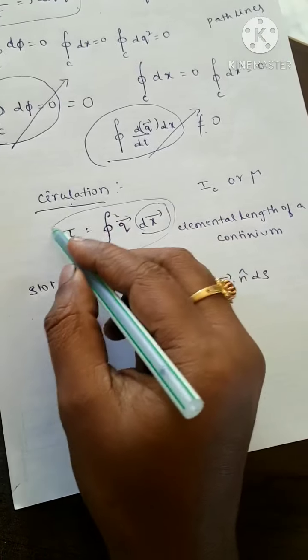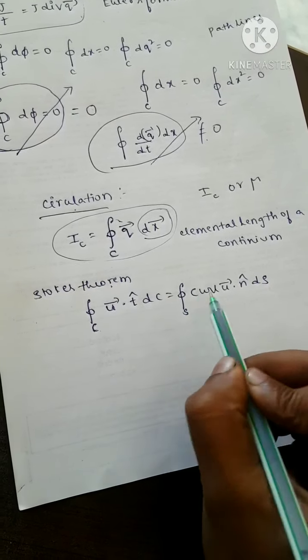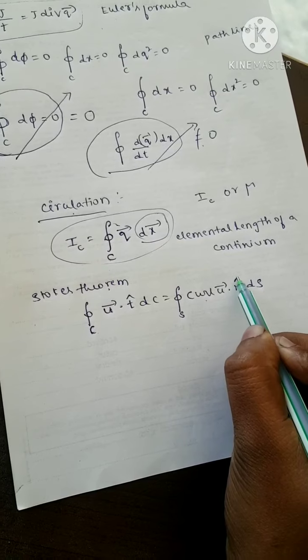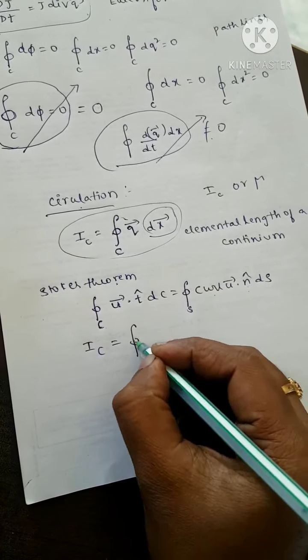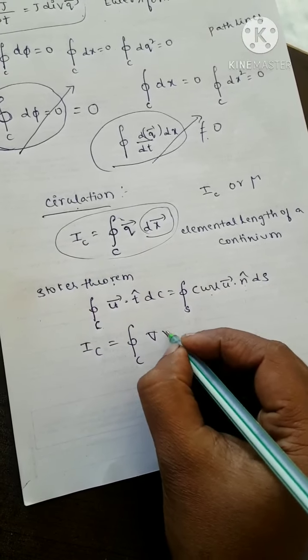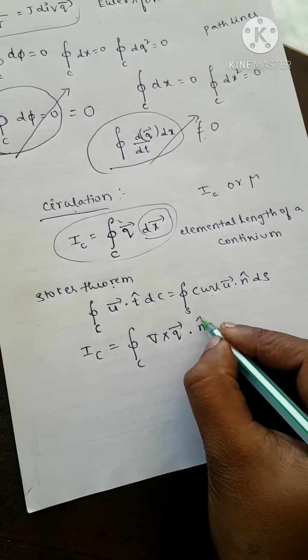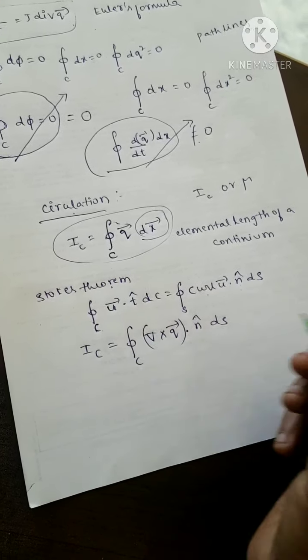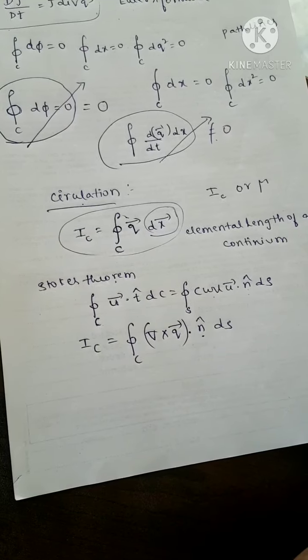Wherever the vector is there, you take the curl of that vector and dot it with the unit normal vector n cap. So IC can be written as the integral of curl q dot n cap into ds, where n cap is the unit normal to the surface.